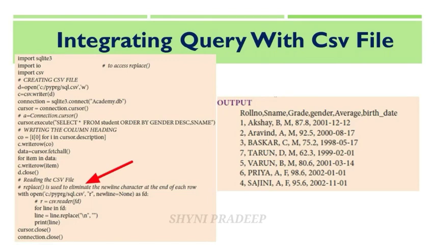With open, then the location of the CSV file sql.csv. Next, read, or means read, newline equal to none. So here the output of this query will be written in the CSV file, that is sql.csv, and again the content is read from the CSV file and the result will be displayed on the output screen.